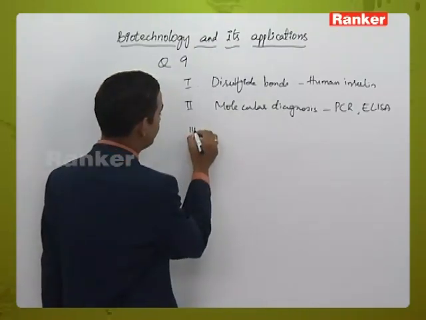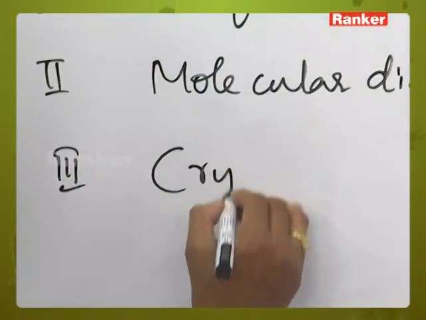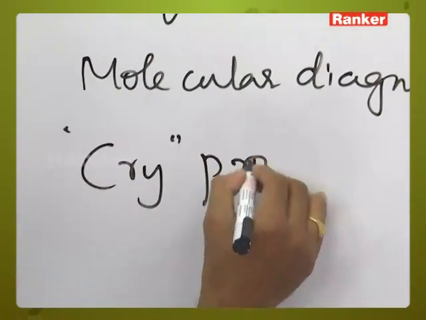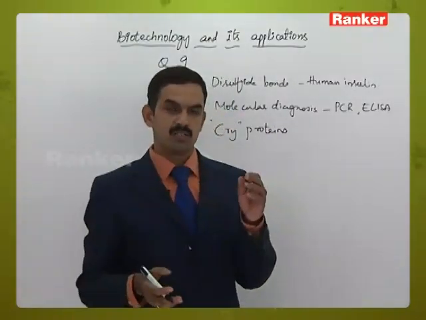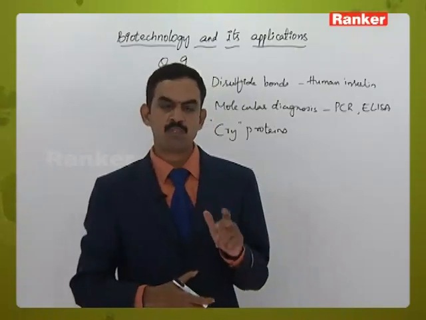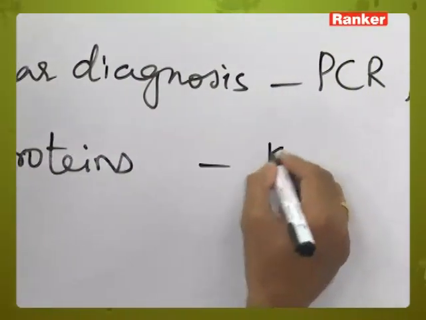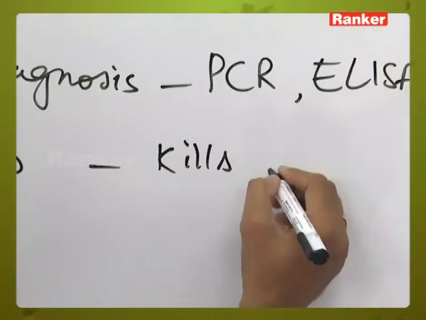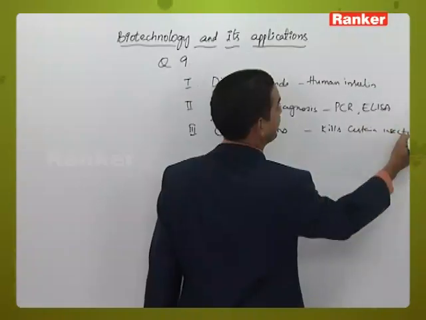Then coming to cry protein. So here cry proteins are the proteins which are the part of the toxic materials produced by the Bacillus thuringiensis, or it is used as a biopesticide, so it will kill pests or kill certain insects. So this combination is correct.